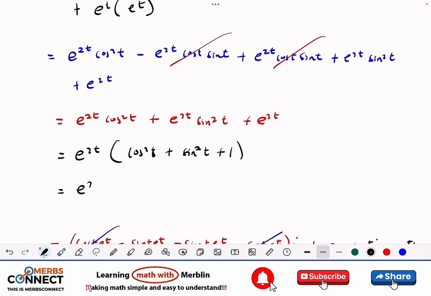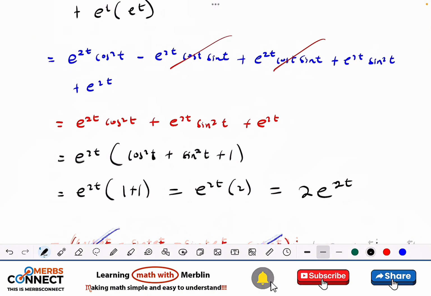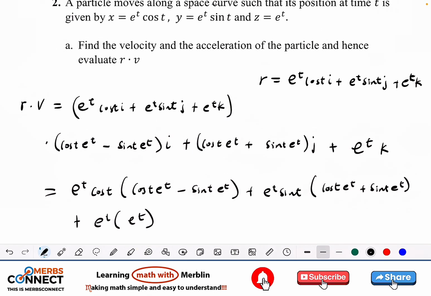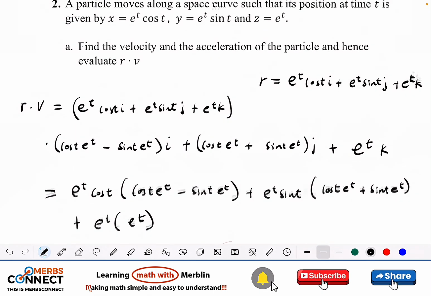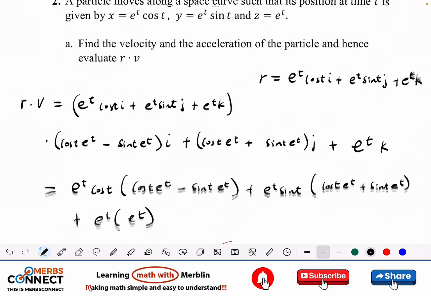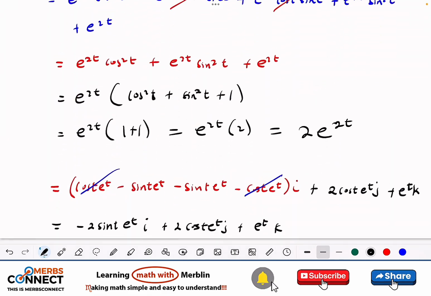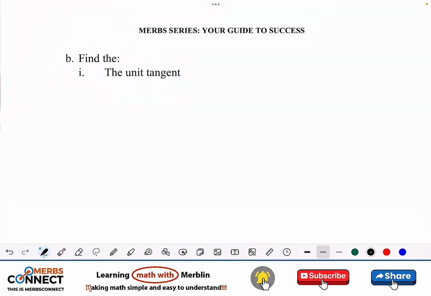So this is 1, and then 1 plus 1 is 2, and this is going to give us 2e to the power 2t. Good. So this is what we are going to get when we dot r' with v. This one needs some simplification and knowing how to do the derivatives. So please practice on that and then you'll be fine.